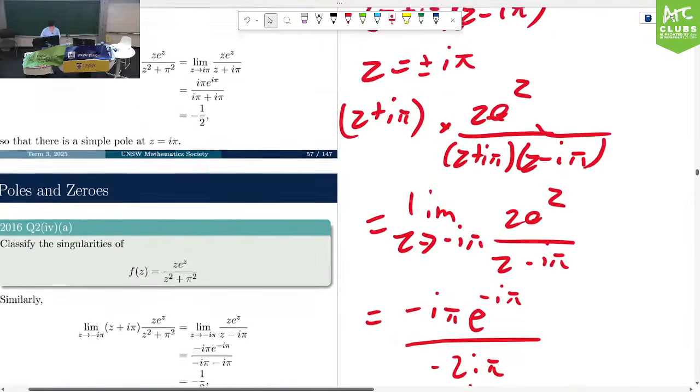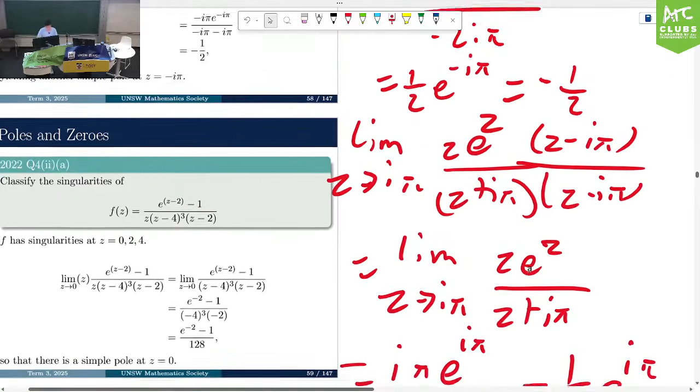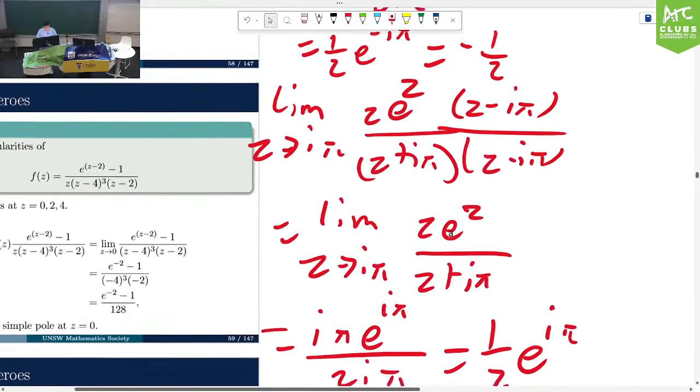Let's check that's true. So both of these are simple poles. Okay, great. The only problem now is I'm kind of out of space.